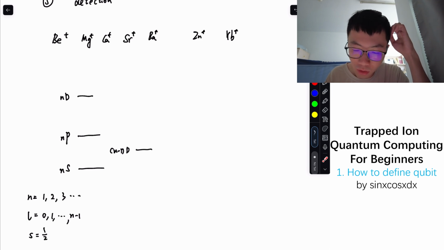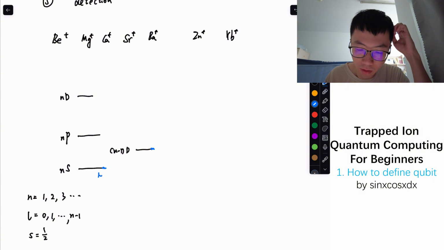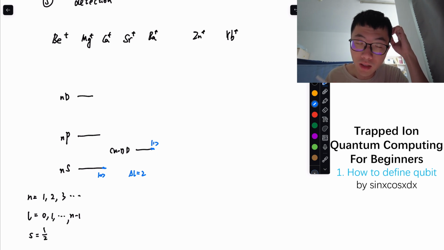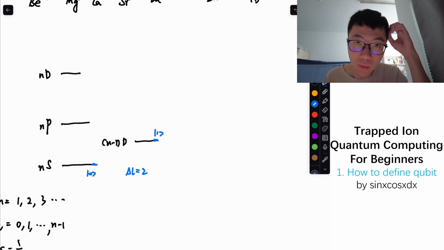A better choice is to choose S and D. We define this as 0 and this as 1. As we all know, for this, delta L equals 2, which is not electric dipole allowed, so the spontaneous emission is quite weak. For some particular ions, the lifetime of the D state could be seconds, even dozens of seconds, which is much longer.